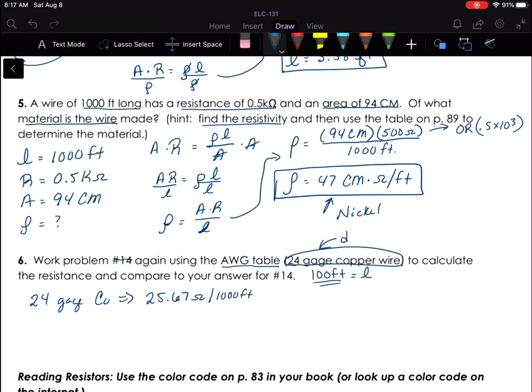That's what you get from the table, the resistance per 1,000 feet. So if we have 100 feet of wire, we've got 25.67 ohms for every 1,000 feet of wire, and we're going to multiply that by the actual length of wire we have.